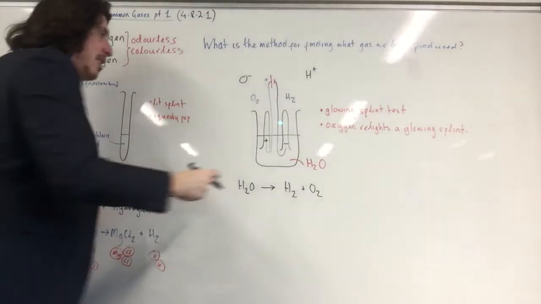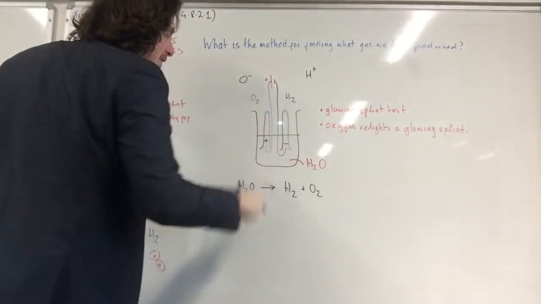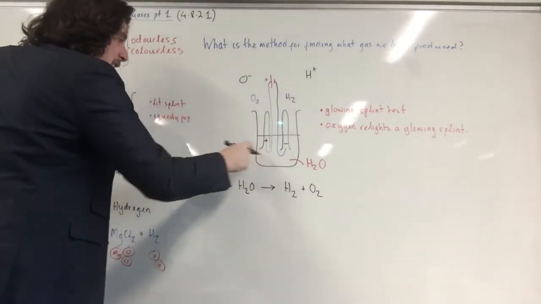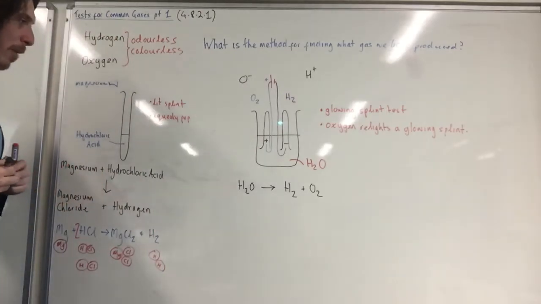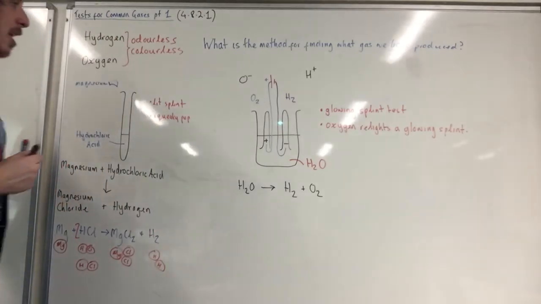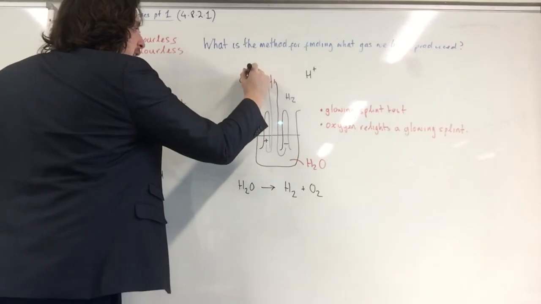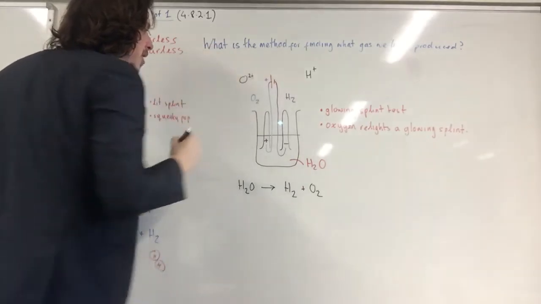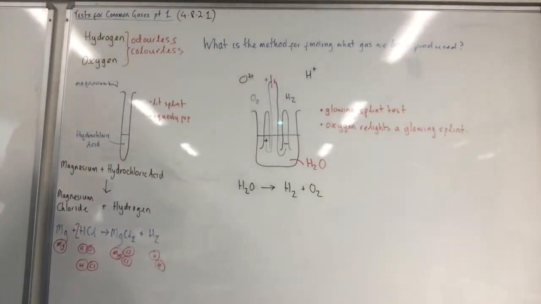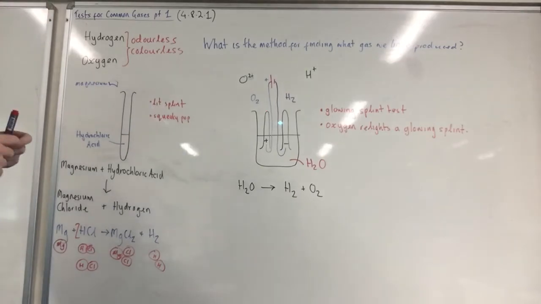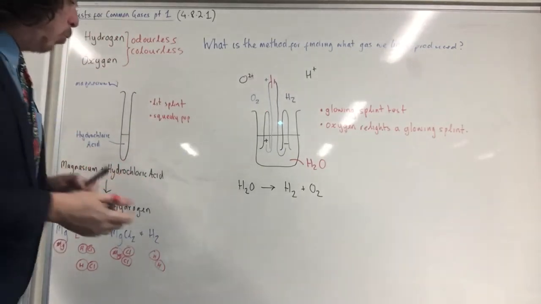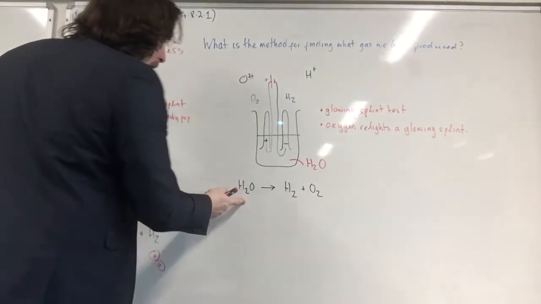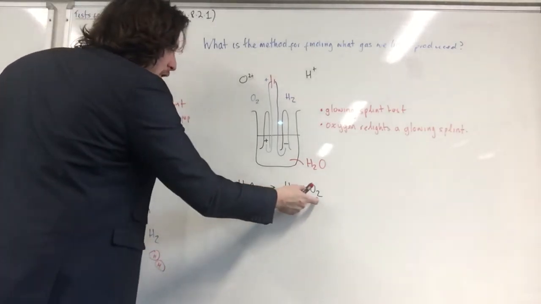Okay, so the positive hydrogen ions will form at the negative terminal, and the negative oxygen ions will form at the positive terminal. That is O2-, because it's in group 6. Right. So here we have got water being electrolyzed to make hydrogen and oxygen.